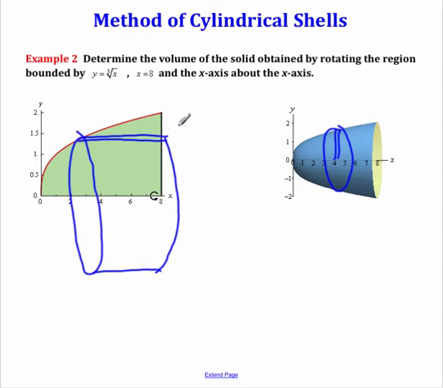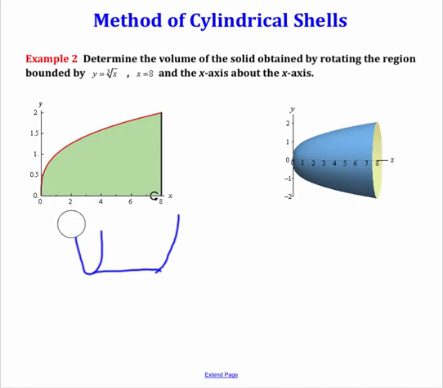So this would be everything in terms of y, and then if we use the disk method, everything would be in terms of x. So we're going to use the method of cylindrical shells just to practice. But in a test, if you finish a little early, you could certainly use the disk method to double check that it's correct.